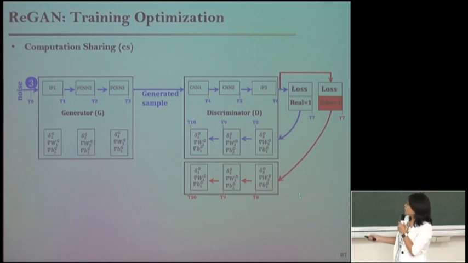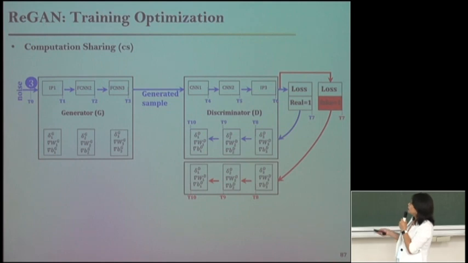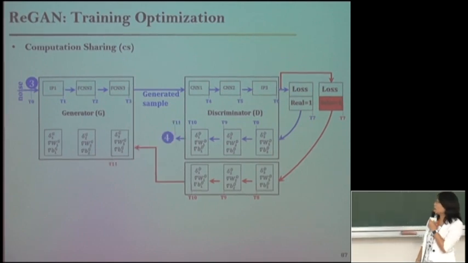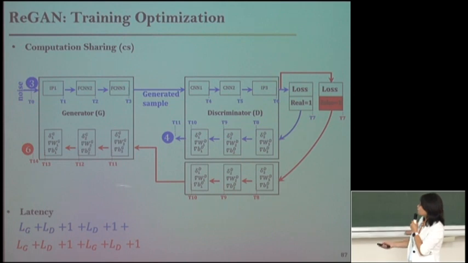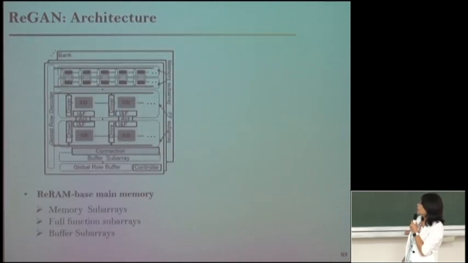So if we only duplicate the weight update circuitry, then we can take a similar path over here and diverge the weight update part of the computation. So again, the blue path versus the red path. The red path is slightly longer than the blue path.